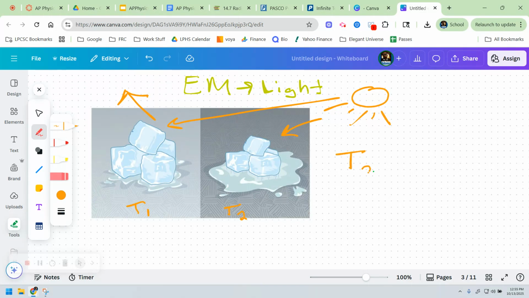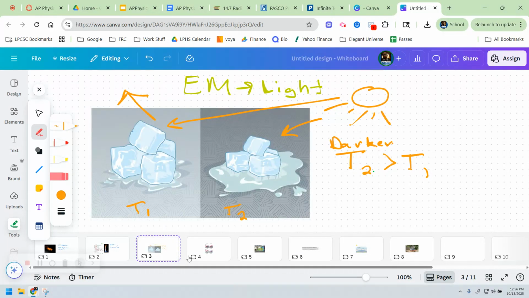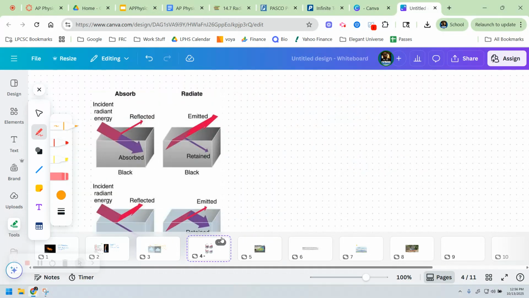Because T2 is darker, that means it absorbs more of the light energy, and therefore the temperature is greater than T1, basically.